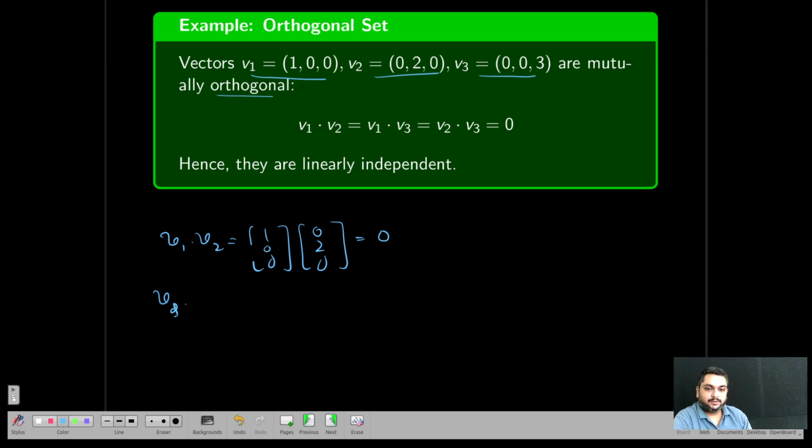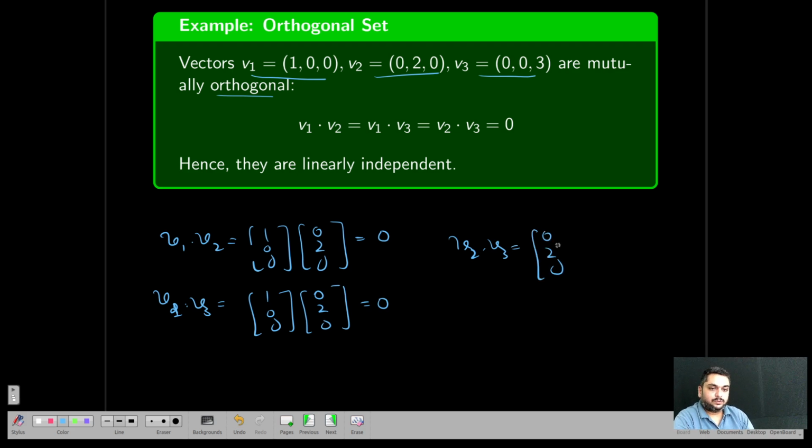Similarly, v1, v3: v1 is 1, 0, 0 and v3 is 0, 0, 3, so this will also be 0. v2, v3: v2 is 0, 2, 0 and v3 is 0, 0, 3, so this is also 0. That means the dot product is 0 between any two pairs. So all three v1, v2, v3 are linearly independent.